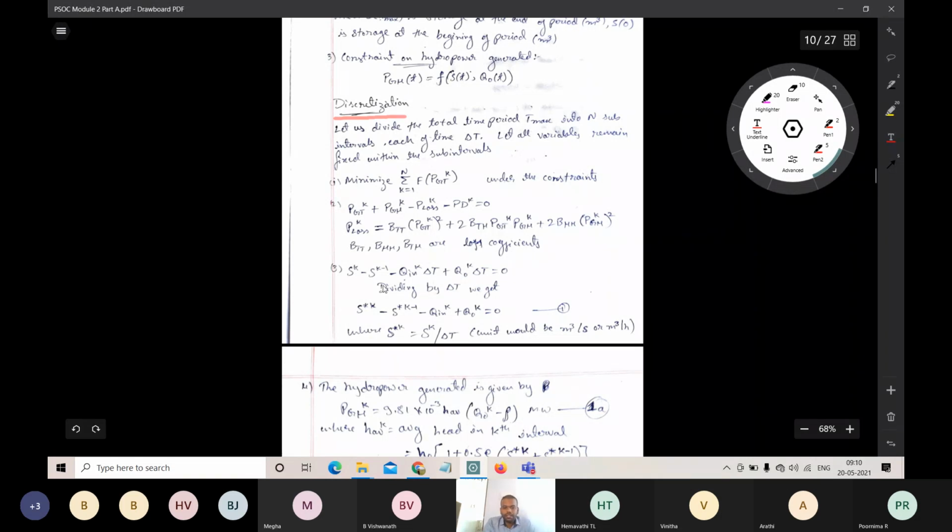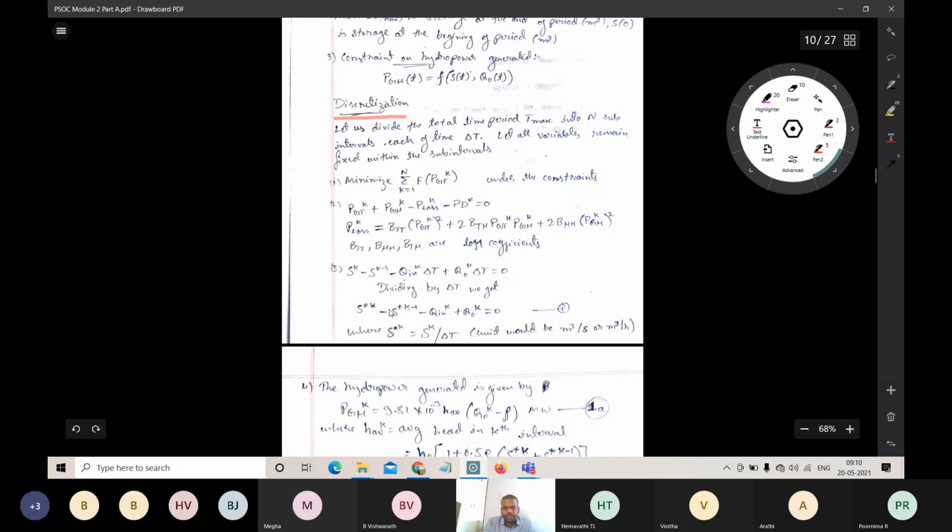Here we need to divide using delta T. Why? As I mentioned, we divide the total time period T max into delta T in order to calculate the water discharge at different intervals. So we divide with delta T, and we get S k minus S k minus 1 over delta T equals Q in k minus Q naught k.